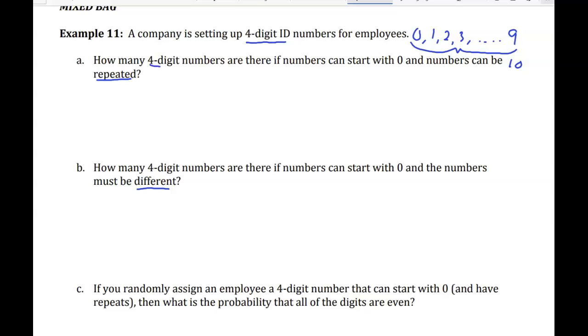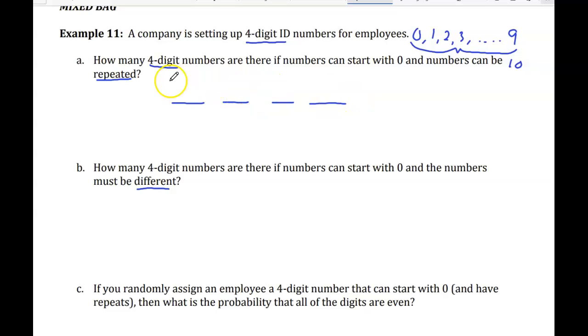So if we look at a 4-digit number, 1, 2, 3, 4, and we can start it with 0, any of these places can be 0 through 9, and we can repeat. It doesn't matter what number this is, that same number can be here. I can have all 9s, or all 4s, or all 0s, or they can all be different.